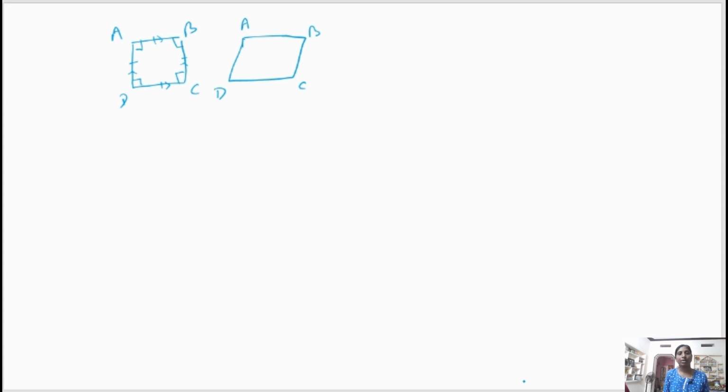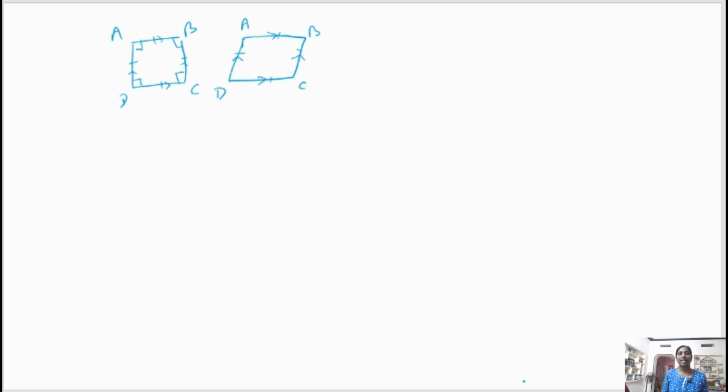Now the rhombus. What is a rhombus? A rhombus is a slant square. Here the angles are not equal to 90 degrees, but opposite sides are parallel and all the sides are equal.